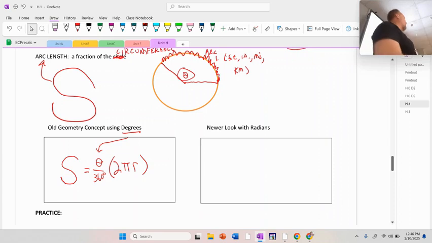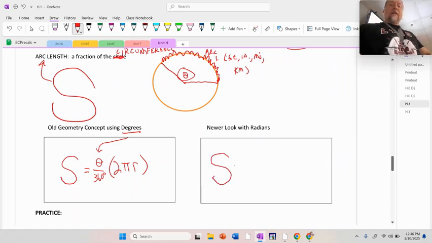What's 2 pi? How much of a circle do I have? Full. What's pi radians? Half. What's pi over 2 radians? A fourth.